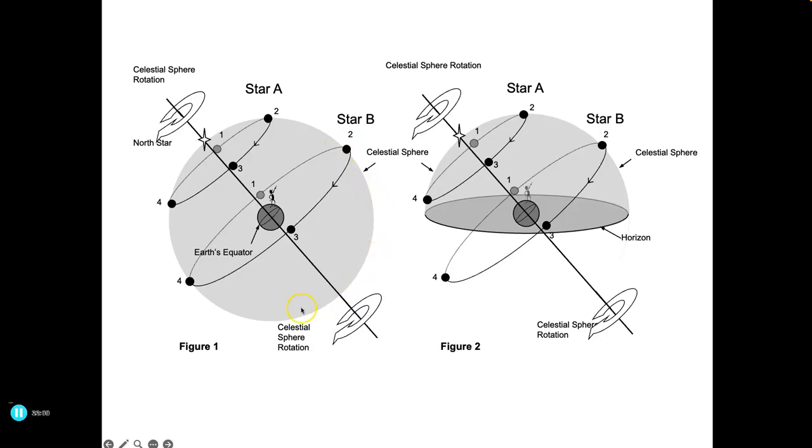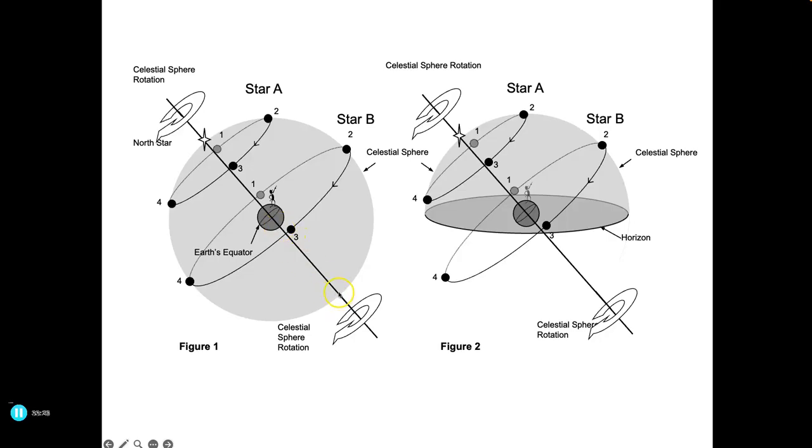The equatorial coordinate system is fixed with respect to the stars, right? Because here's the Earth, which means this circle here, that's the celestial equator. The North Star is the star right next to the North Celestial Pole. It's right above the Earth's North Pole. The South Celestial Pole is the point on the sky right above the South Pole.